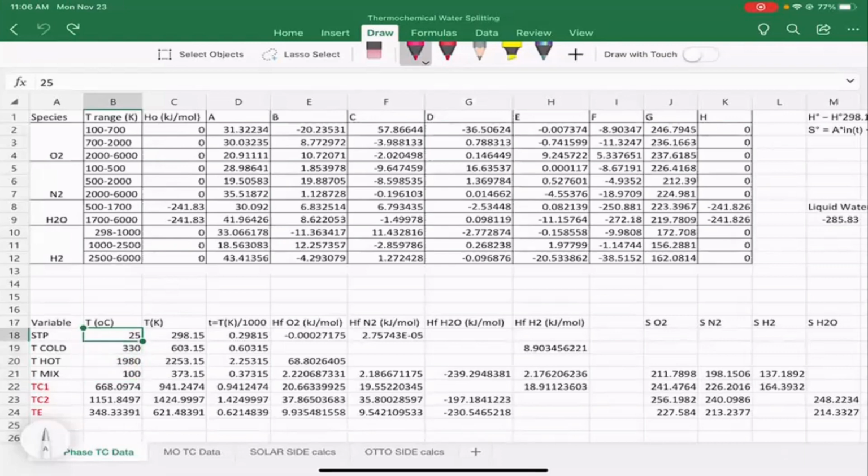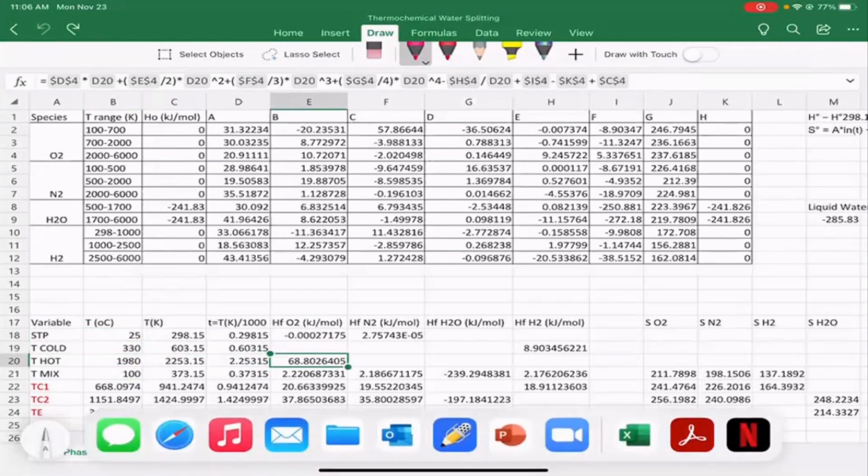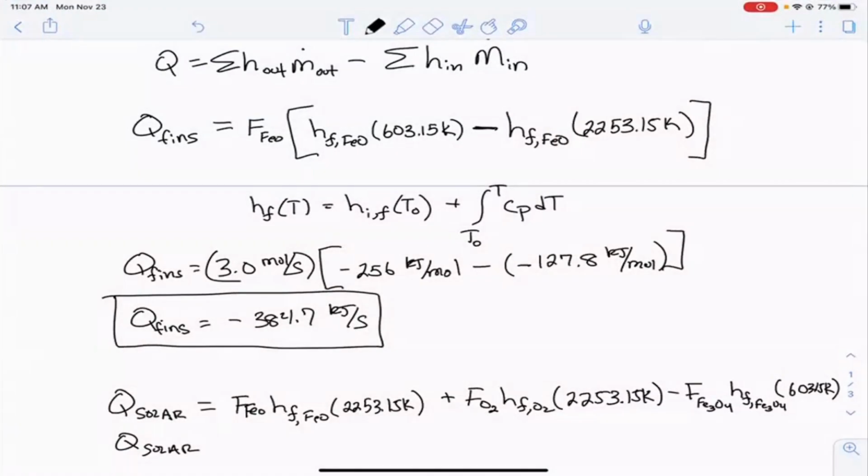I'm able to find the heat of formation for oxygen at the higher temperature, which is 68.8 kilojoules per mole. So let's use the data from those two spreadsheets.